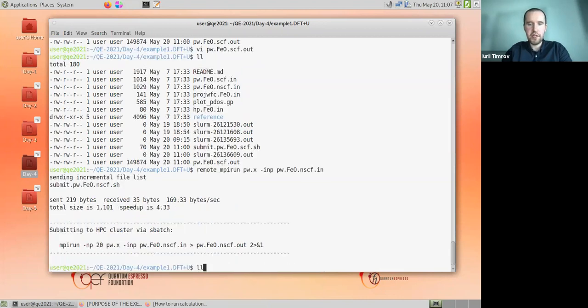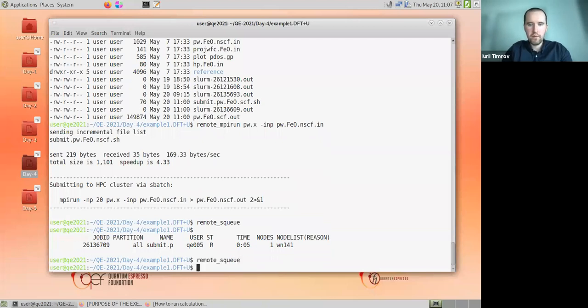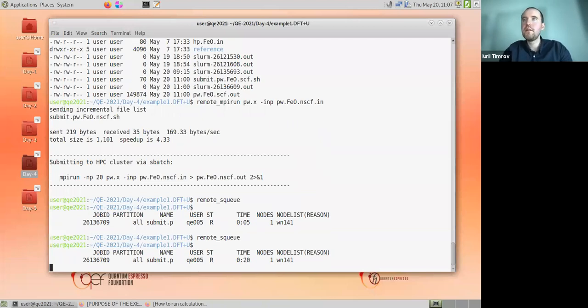Okay, let's check if it runs properly. Yes, it works. Okay, still running.